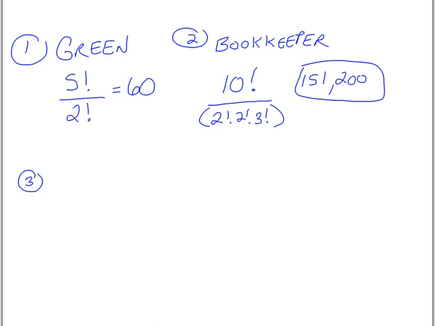Let's say we have 5 boys, 3 girls, and we're going to make a committee of 4. We're picking 4 people total.